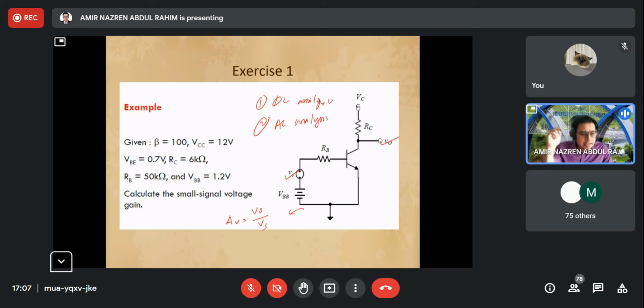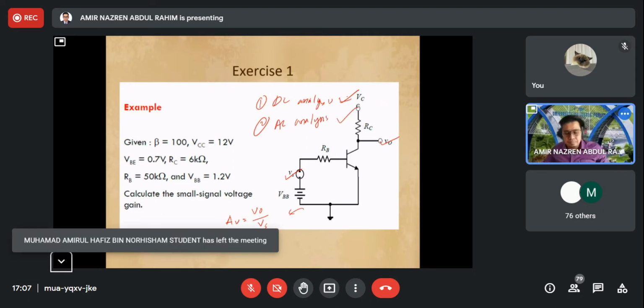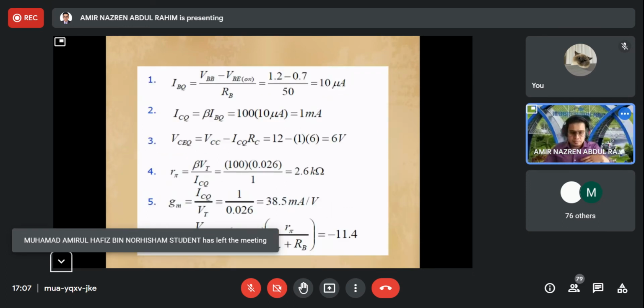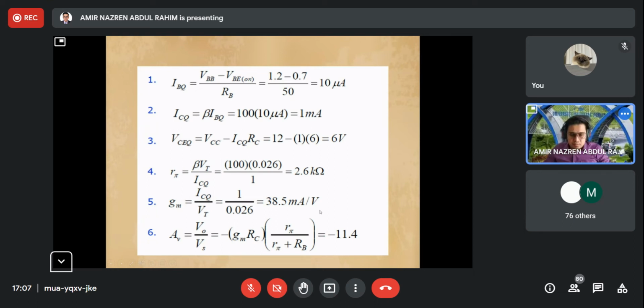It's because in the AC analysis, we need to combine the AC and DC values. So first we do the DC analysis. After that, we can do the AC analysis. Then from this AC analysis, we can find the gain. So let's look at the example.